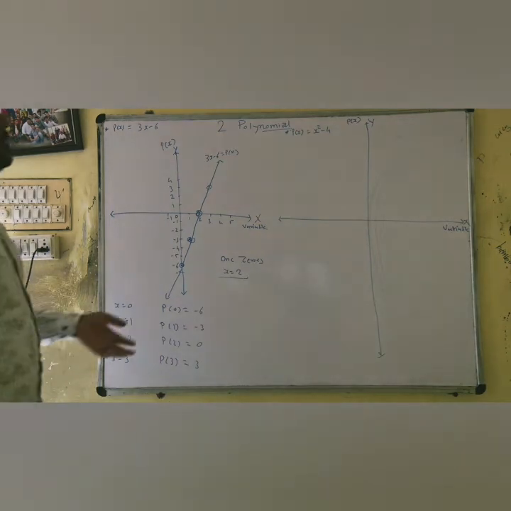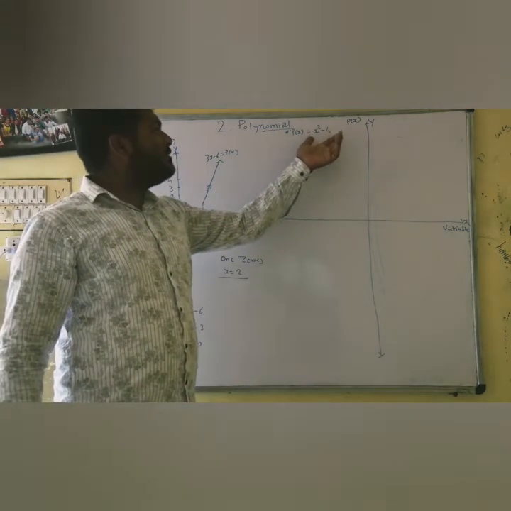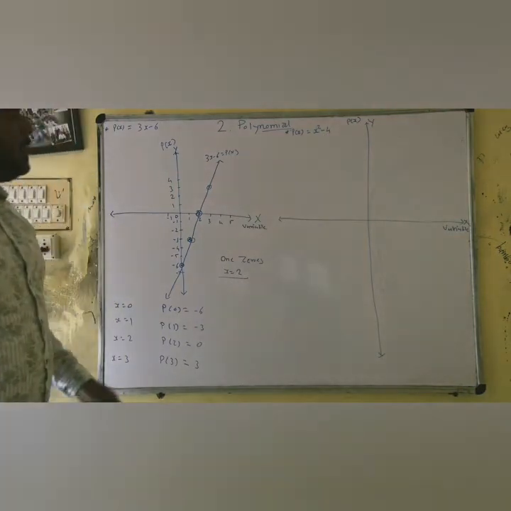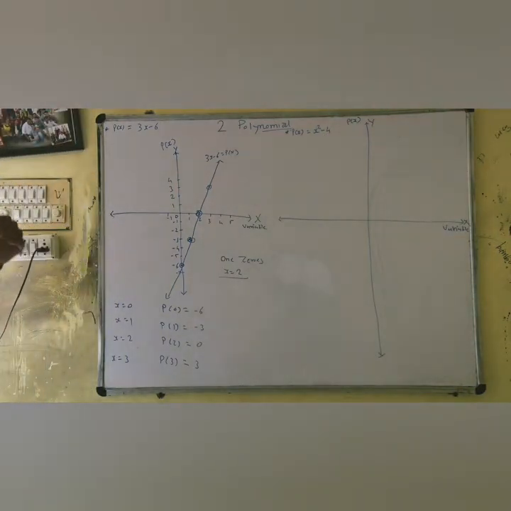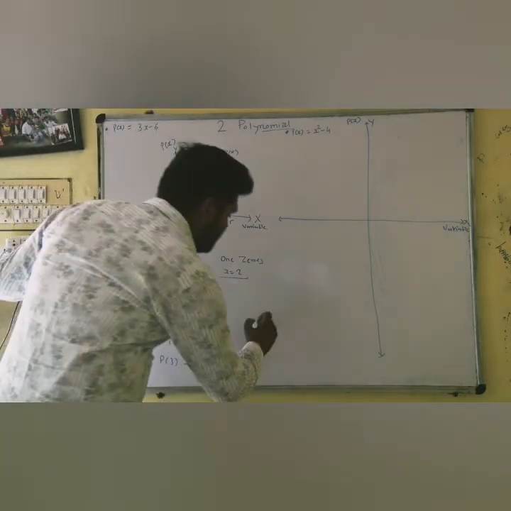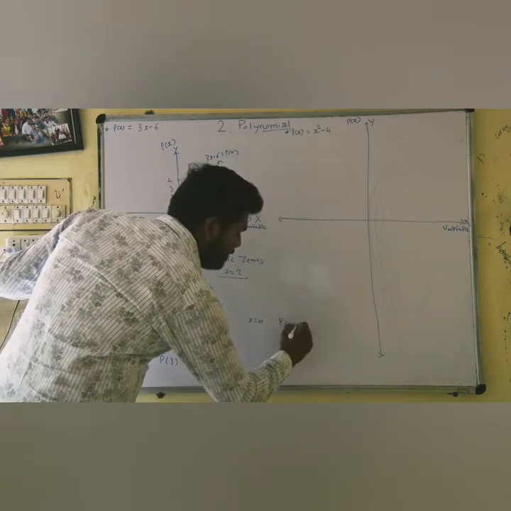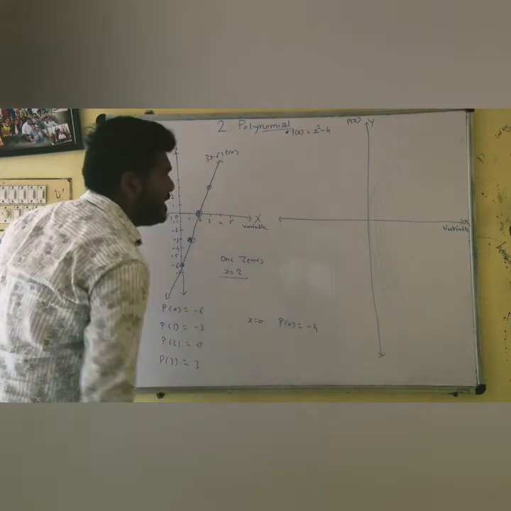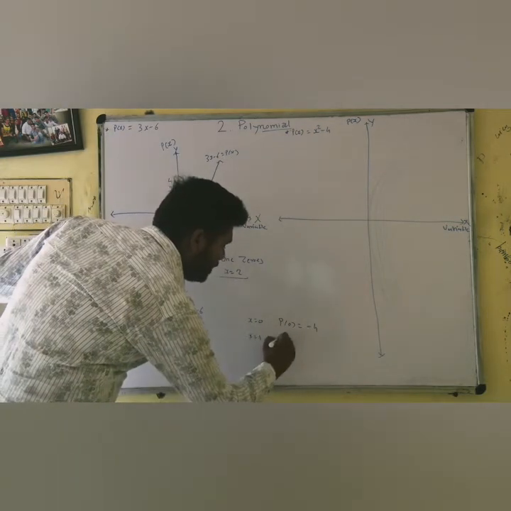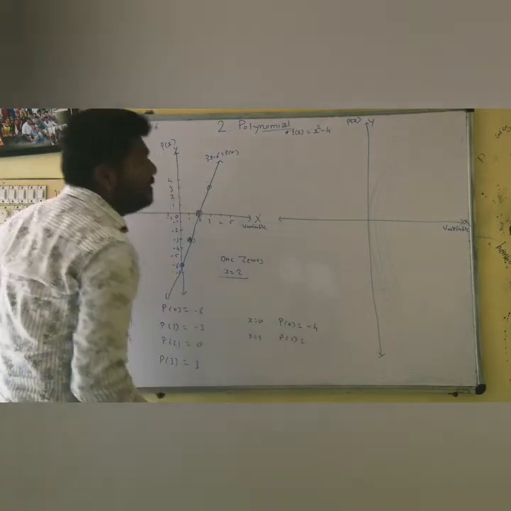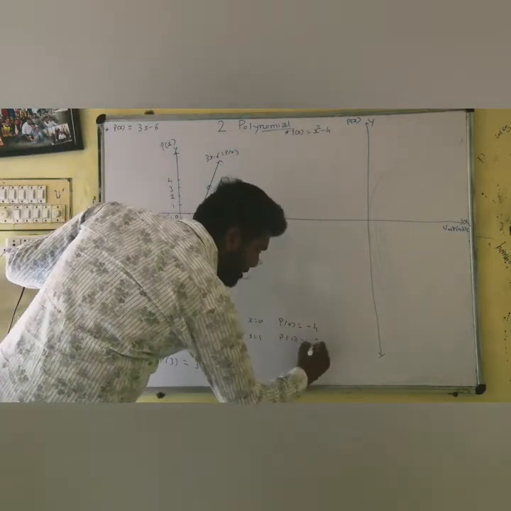Clear? Now, p of x equals x square minus 4. And we are doing the same thing, forming a graph. Let's say x equals 0, and p of 0 equals 0 minus 4, which is minus 4. Let x equals 1, and p of 1 equals 1 minus 4, which is minus 3.